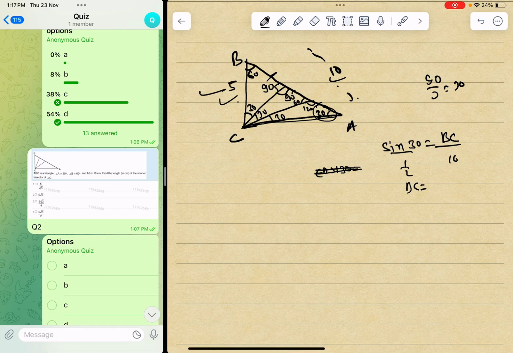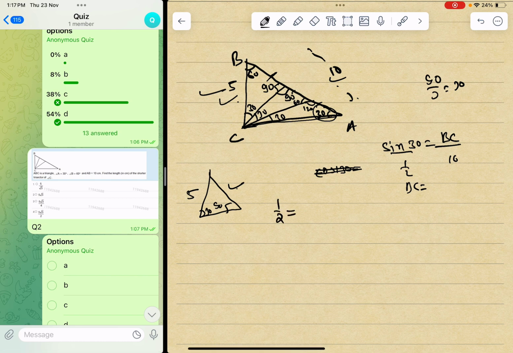So now we have a 30-60-90 triangle. This is 90 degrees, this is 30, this is 5. Can we find this? Yes, we can. Again, we know that this is the hypotenuse, we need to find the perpendicular. So again sin 30, which is 1 by 2.